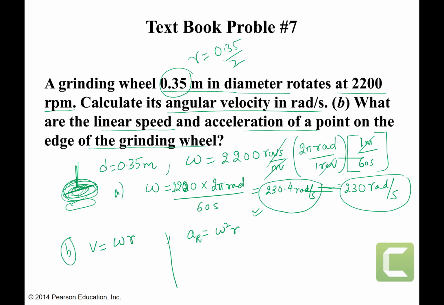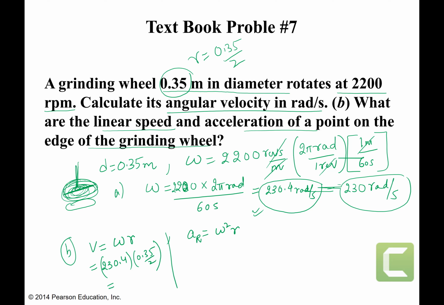Go ahead and substitute the value of omega. Omega is the angular velocity, 230.4, I will use the entire one, multiplied by r as 0.35 divided by 2, because we are using the radius.